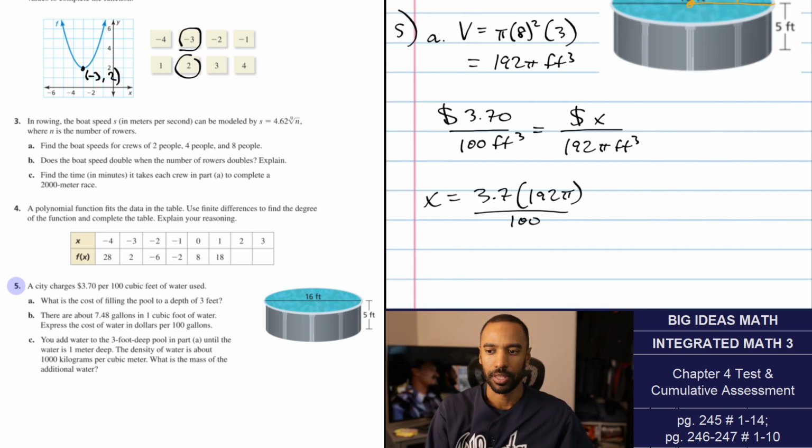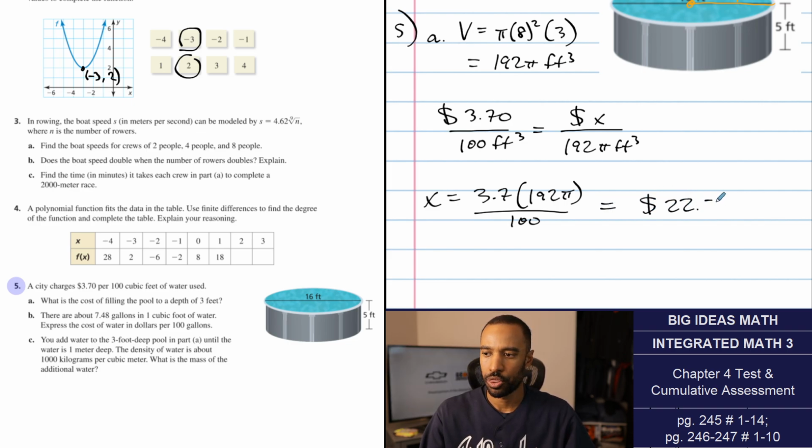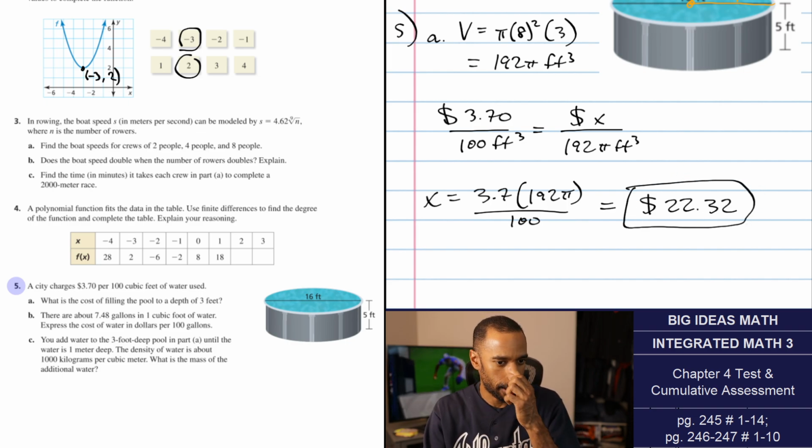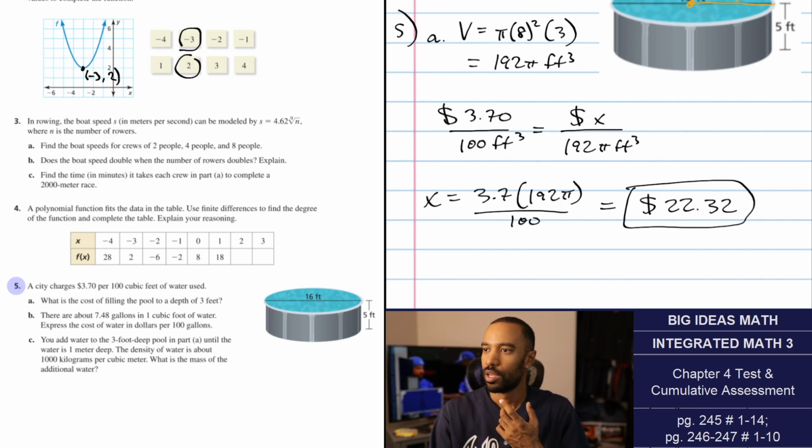So I'm going to go to the calculator: 3.7 times 192 pi, all divided by 100, which is 22.317. So if we're talking about money, about $22.32 is the cost the city charges based off the amount of water used. Part B.